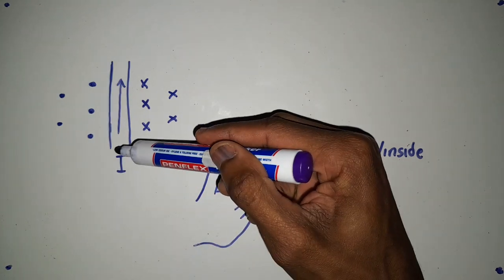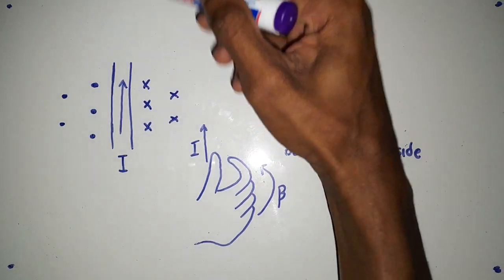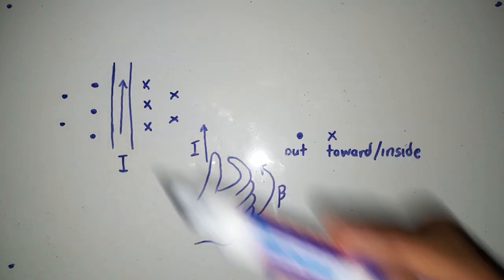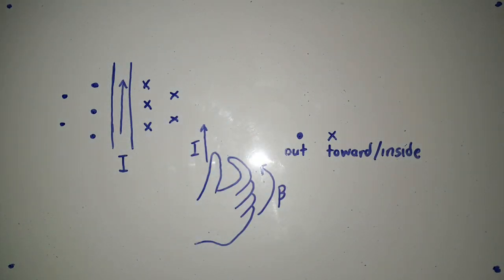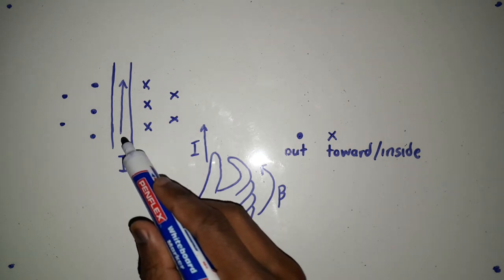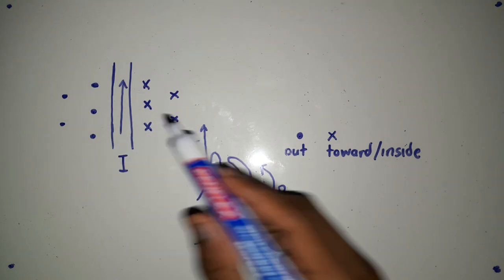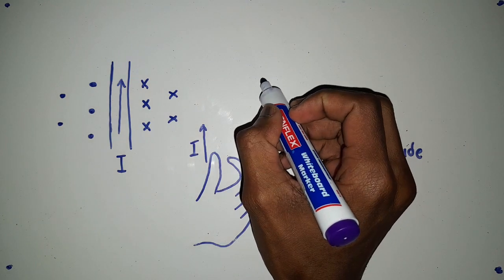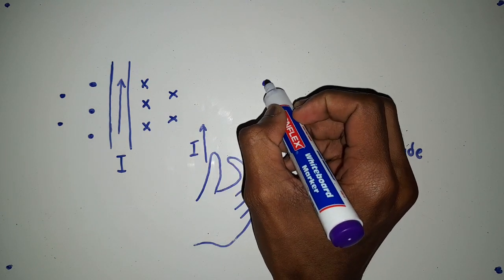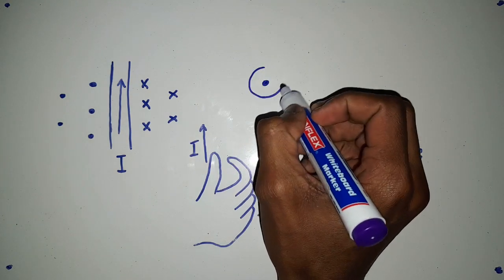Then we have the current moving upward like this. Do you understand? On this one we had the cross section, and previously we had the front view.